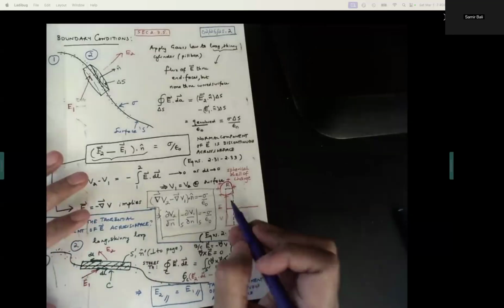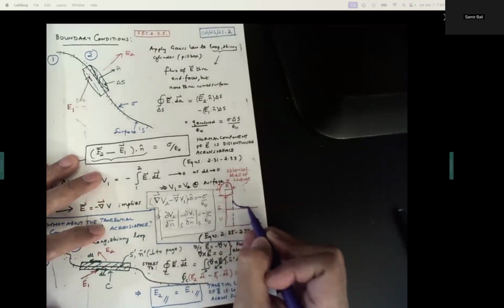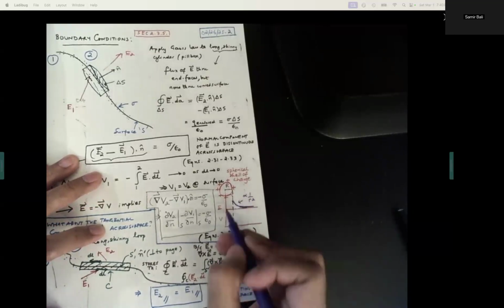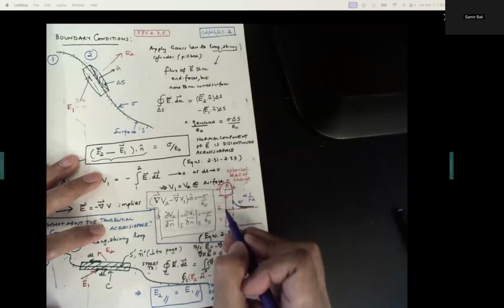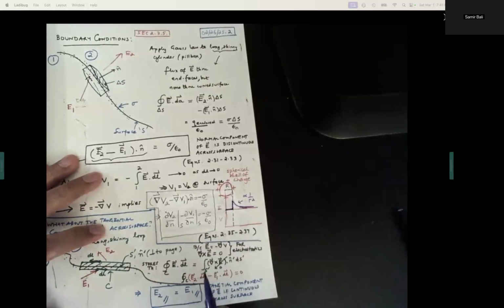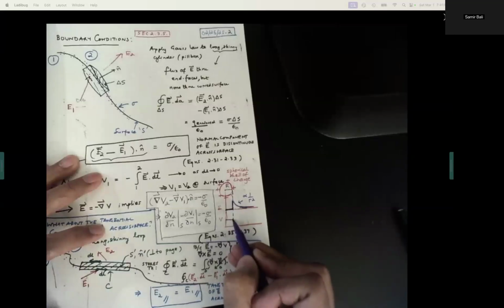The electric field falls off as 1 over r squared. And inside, the electric field is zero because there's no charge enclosed inside any Gaussian surface that you draw there. So you see how the electric field was discontinuous, right? And the potential, on the other hand, was constant inside, and outside it fell off as 1 over r.